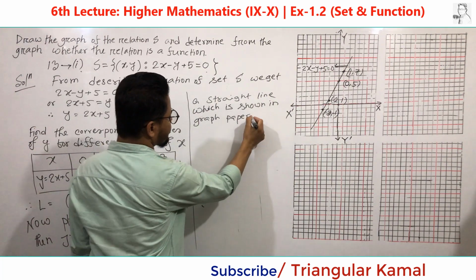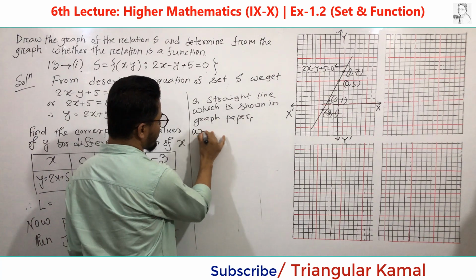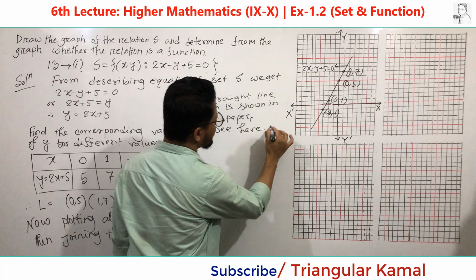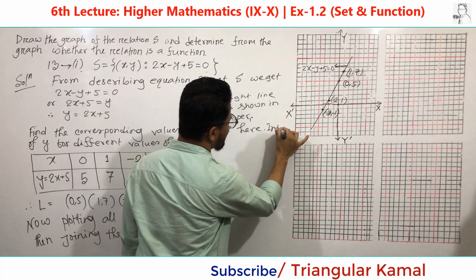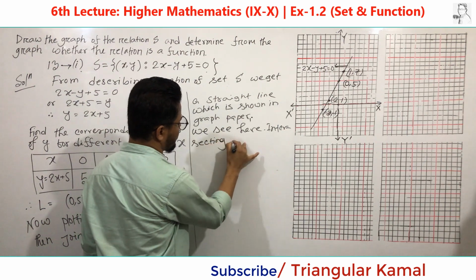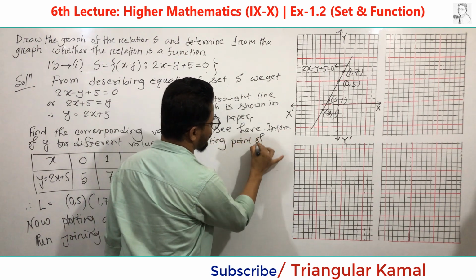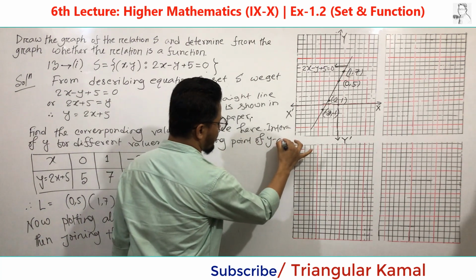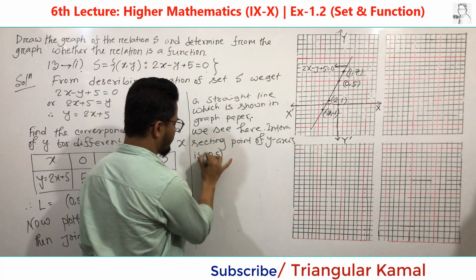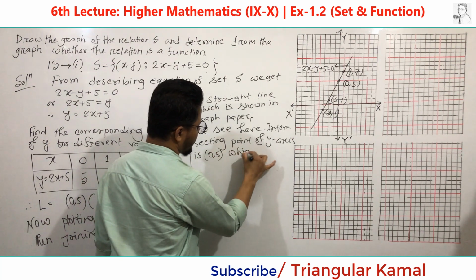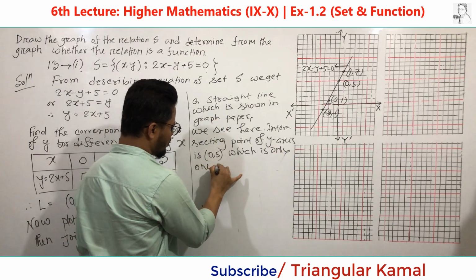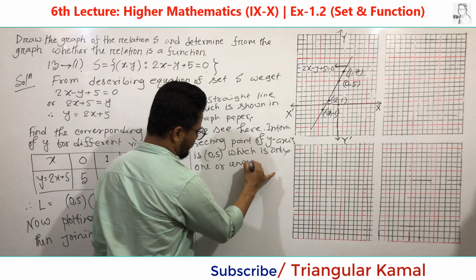So now you have to write this one. Okay, write the second part. We see here the intersecting point of the y-axis is 0, 5, which is only one, or unique.